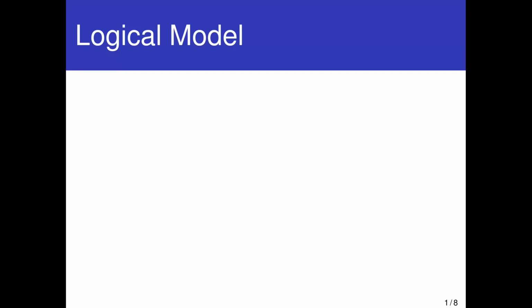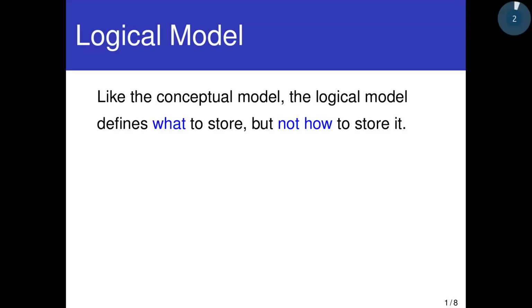Okay, first a look at the logical model. The logical model, just like the conceptual model, defines what to store but not how. But there is an important difference, of course, otherwise we wouldn't create a new model: while the conceptual model describes the reality, the logical model actually describes a data store, but it still describes what to store in that data store, not how to store it.